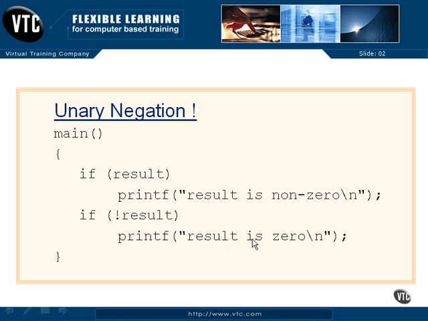So we would print out that the result is in fact 0 by doing a not result. If result had the value 0 and we do a not result, the not or the negation makes this 1. If result is anything but 0, the not leaves it alone, and we don't wind up down in here. We have not result. We would only get here if result were 0 in the beginning.